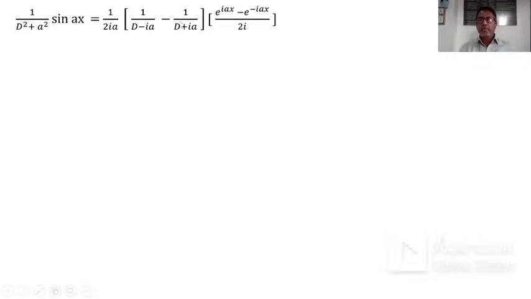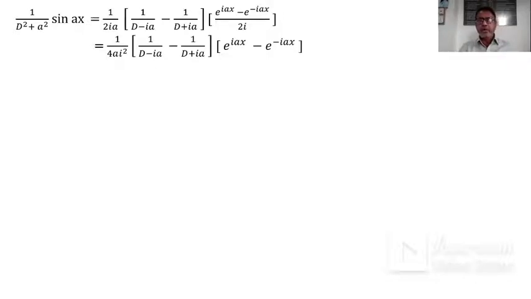If we simplify this bracket, it becomes minus D plus ia, means D minus D becomes 0, and ia plus ia is 2ia in the numerator. We divide by this 2ia, means we write this previous term 1 upon D plus ia into D minus ia in this form. Now we simplify again the right hand side.